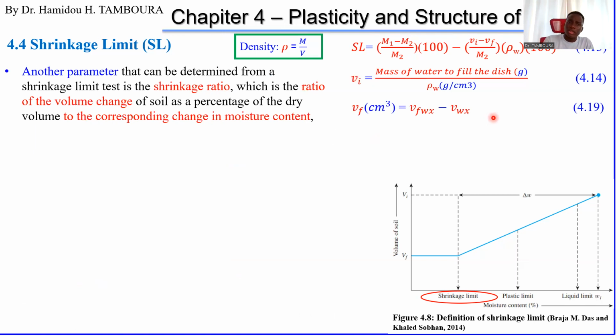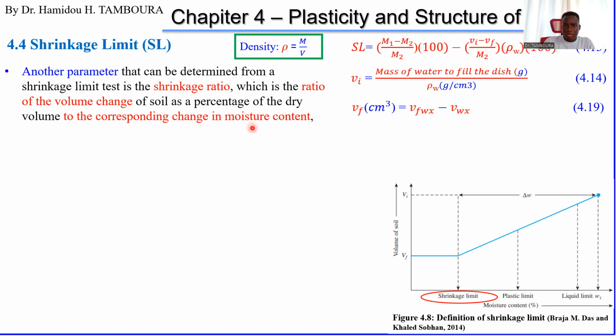Another parameter that can be determined from the shrinkage limit is the shrinkage ratio. Have you ever heard about this? The shrinkage ratio is the ratio of the volume change, delta V of soil, as a percentage of the dry volume, to the corresponding change in moisture content.